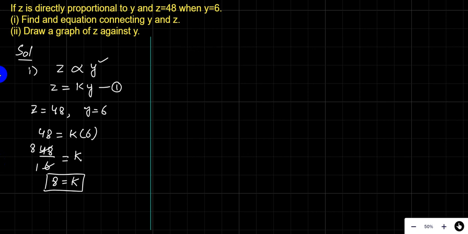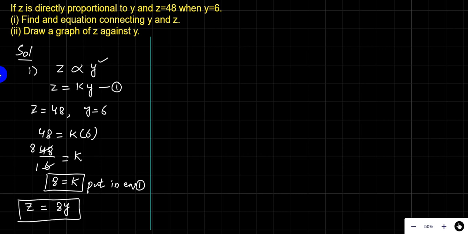Now put this value in equation number 1. So by putting this value in equation 1, the equation will be z equals 8y. So our first part is done now.